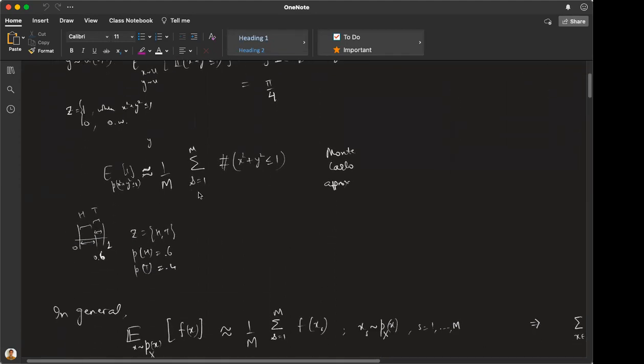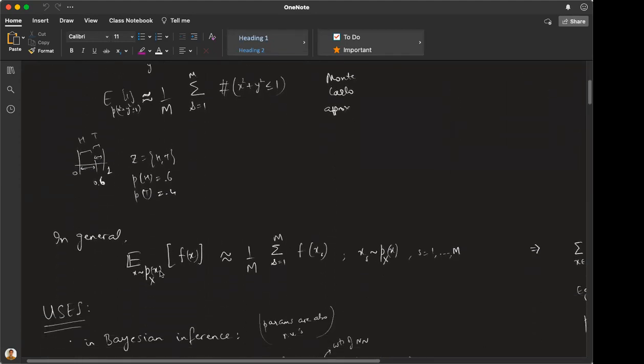This is the general form which we arrived at: the expected value of any function f(x), where x is a random variable which comes from the PDF p(x). You can evaluate this analytically if you know p(x) and f(x), and you can solve the integration or summation. But the other way is by approximating it with experiments or simulations, where you sample x from p(x).